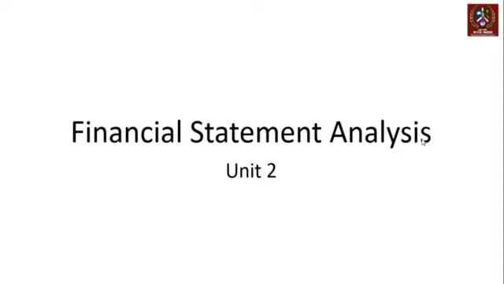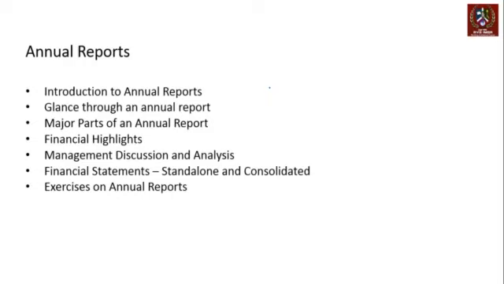So broadly over the course of this unit, we're going to cover topics around introduction to annual reports, glancing through an annual report, major parts of an annual report, financial highlights. These are the major parts which we'll then look at in detail.